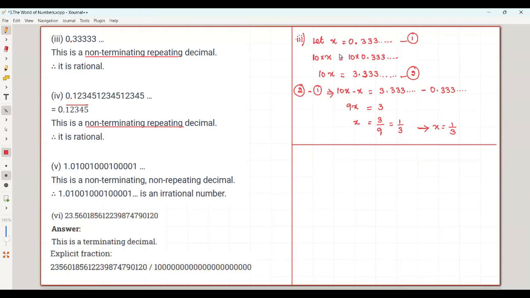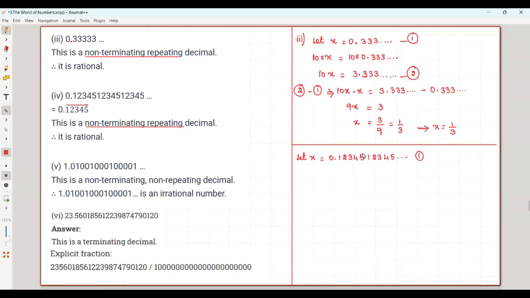So the first step you have to take: let x is equal to 0.12345. 1, 2, 3, 4, 5. This is my first equation. Here, how many digits are repeating? 1, 2, 3, 4, 5 digits are repeating.